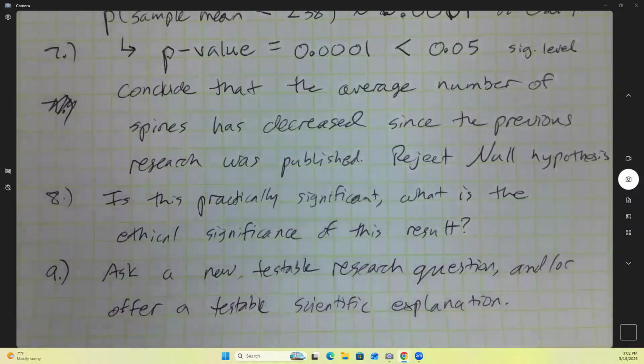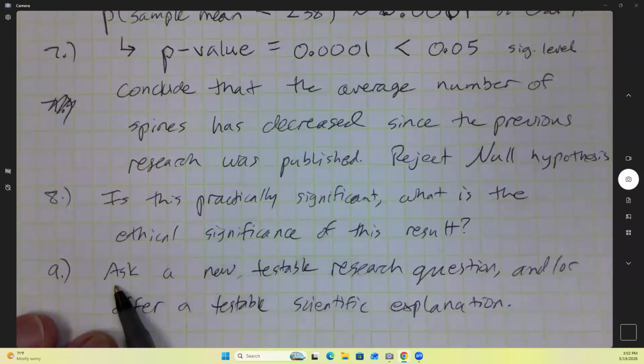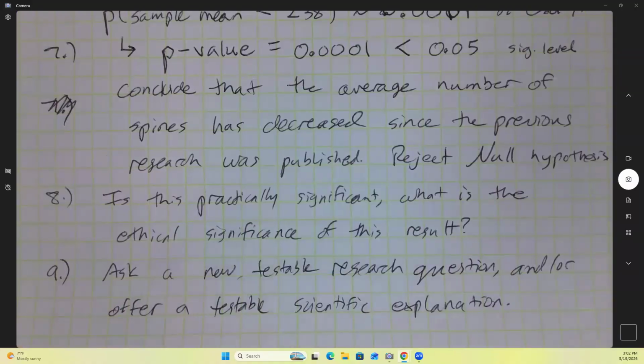All right, so you might say, well, ocean temperatures seem to have been going up. Maybe that's affecting them. And so then you do some comparisons and you find some parts of the ocean where temperatures haven't changed. And you compare them to parts of the ocean where temperatures have changed. And you say, well, is the number of spines changing? All right, but you extend your research with a new research question.